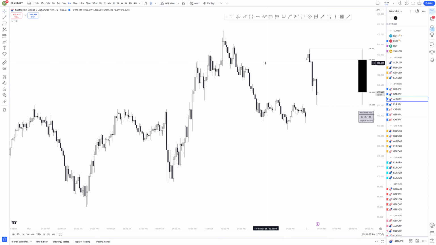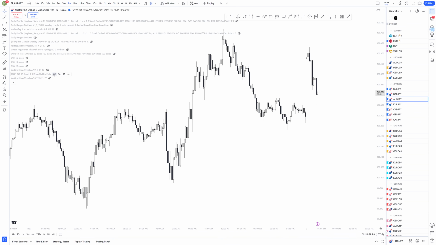Once you have that indicator on, for your inputs, time 1 is 20 and your second time 1 is 22. Make sure you're using UTC-4 New York time. Sometimes it'll be -5 due to daylight savings, but as long as it's New York, you're fine.